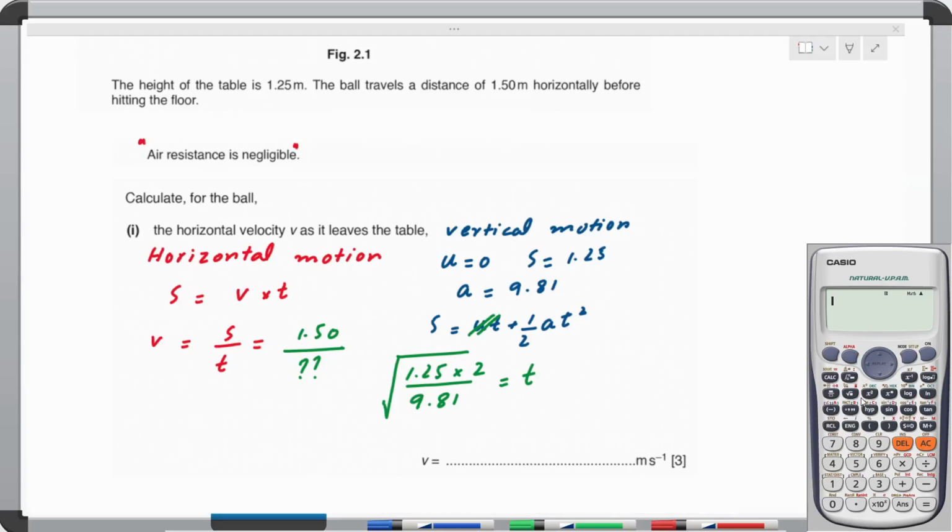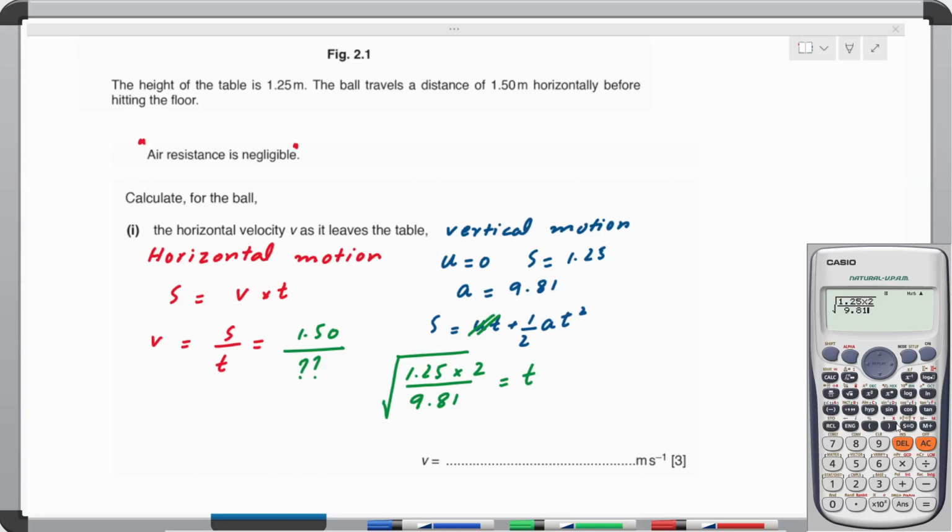So you press the square root, then you enter the fraction, because we want to write this thing as it is. 1.25 times 2 divided by 9.81 equals, let's see what we get here.